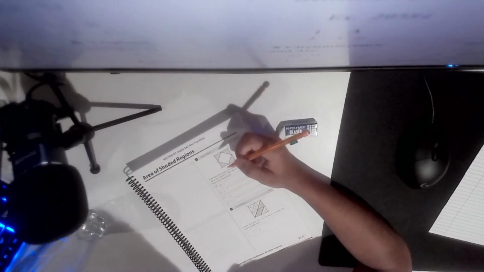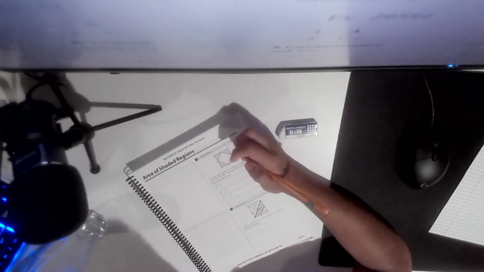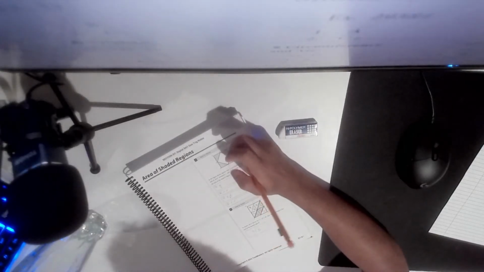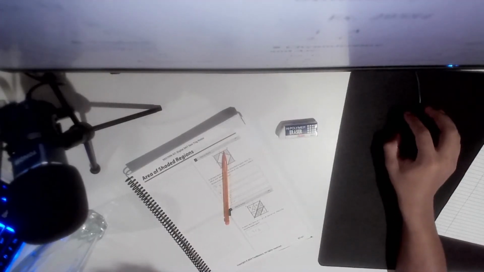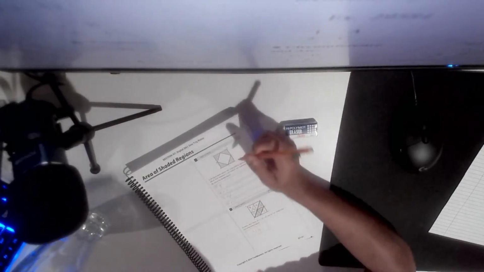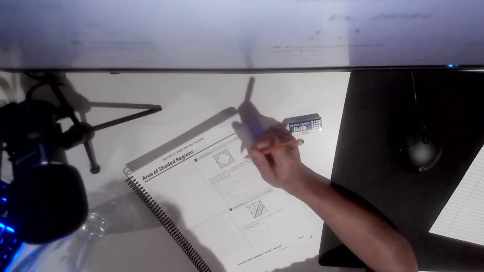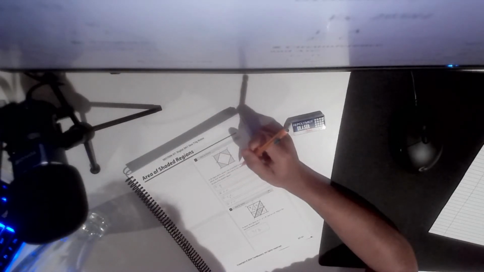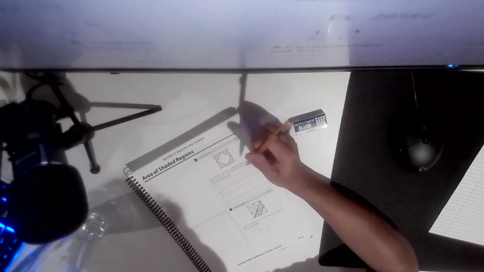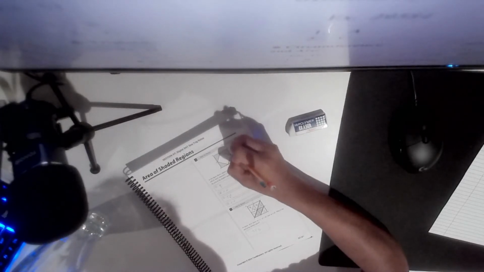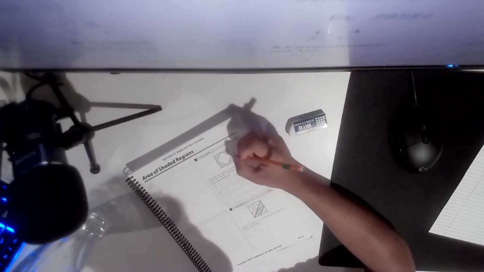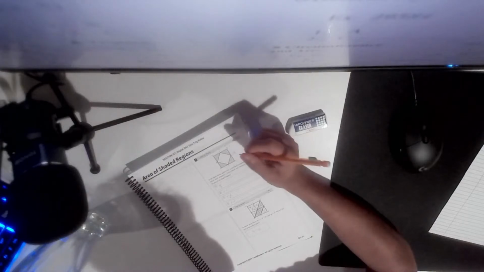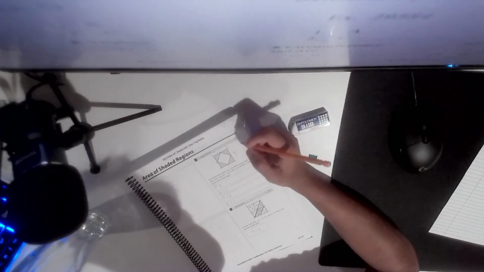In the figure above, square RSTU is inscribed in a square. ABCD measures x inside of RSTU.